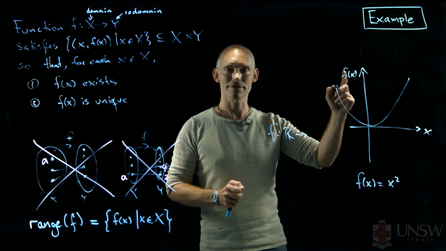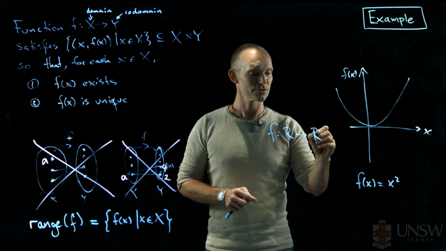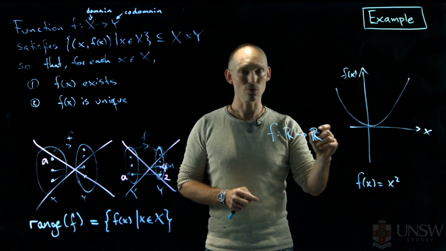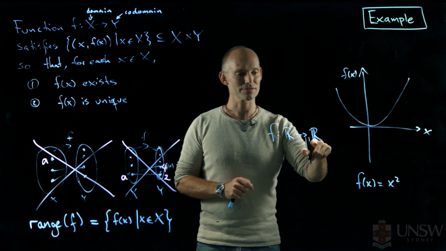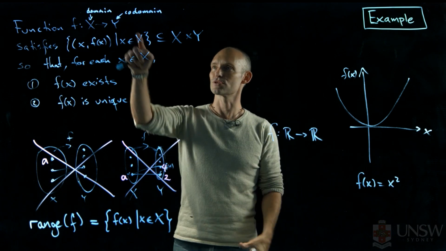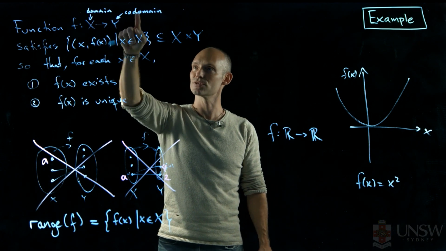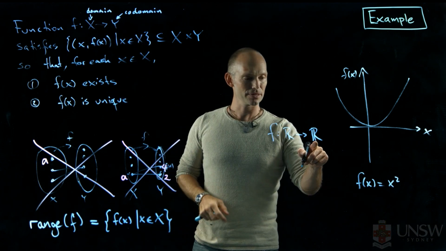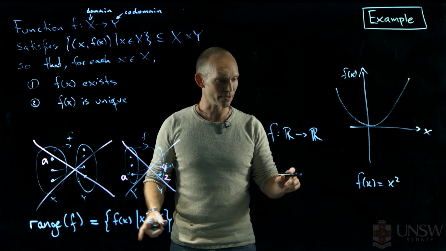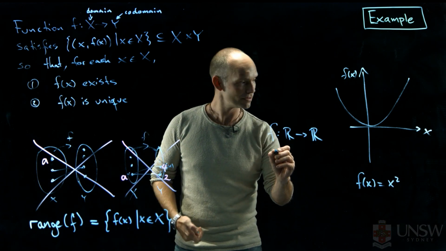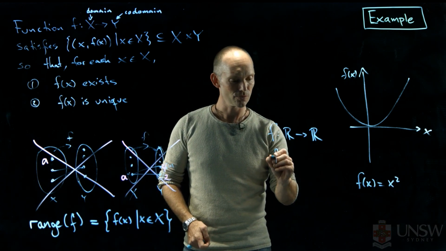So for instance, we could just say that it's all the real numbers. We don't have to have that all the real numbers are function values, but we just have to have that the codomain contains the range, so that's fine. And the function is just given there.